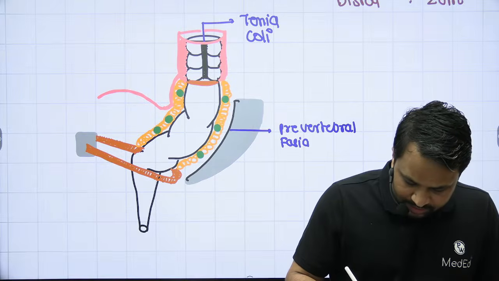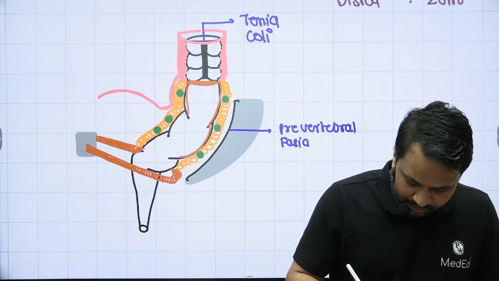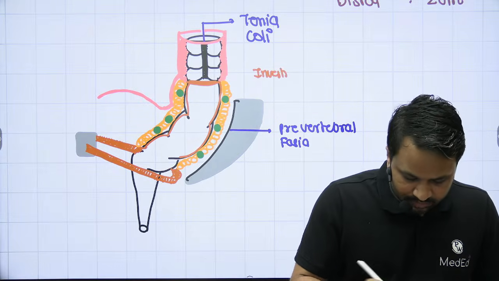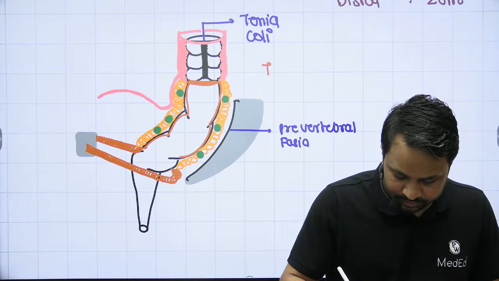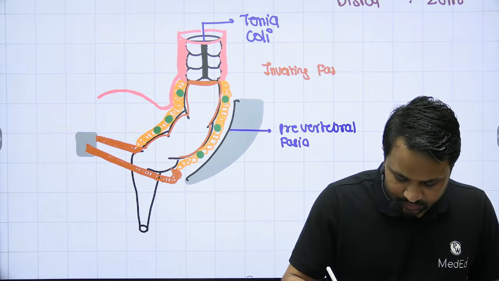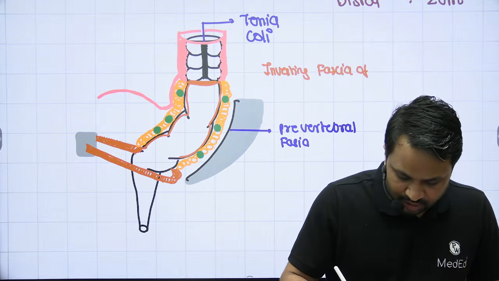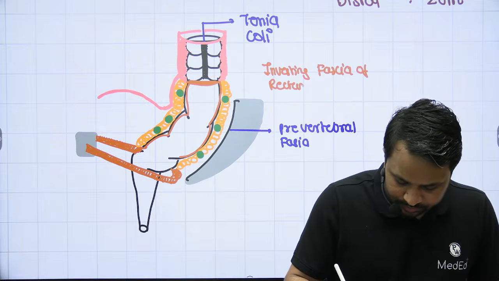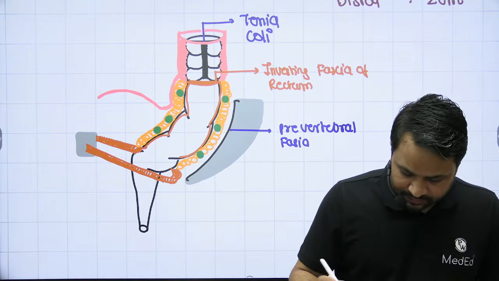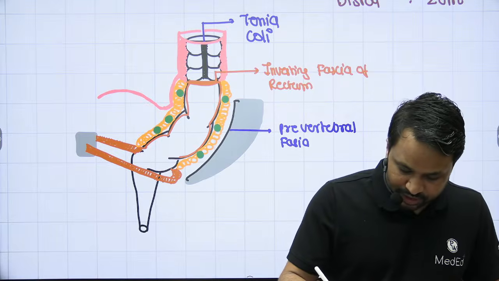So you'll see this is the layer that is present, and this is what we call the investing fascia of the rectum.